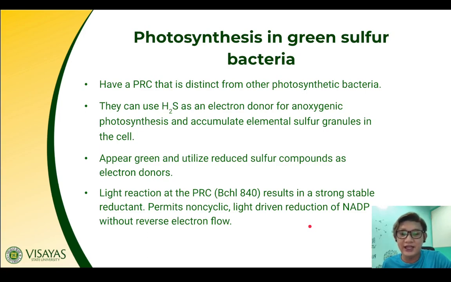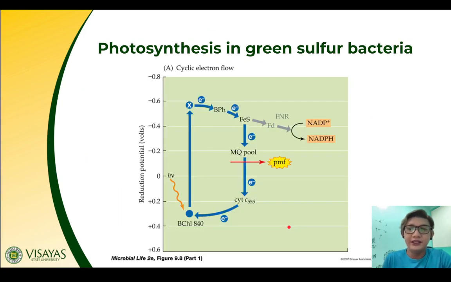They permit non-cyclic light-driven reduction of NADP without reverse electron flow. So this is the cyclic electron flow in green sulfur bacteria. The reaction center is bacterial chlorophyll 840 that would release and become a source of electron. It goes through a series of electron acceptors, and when it loses its energy, it will go back to bacterial chlorophyll 840.